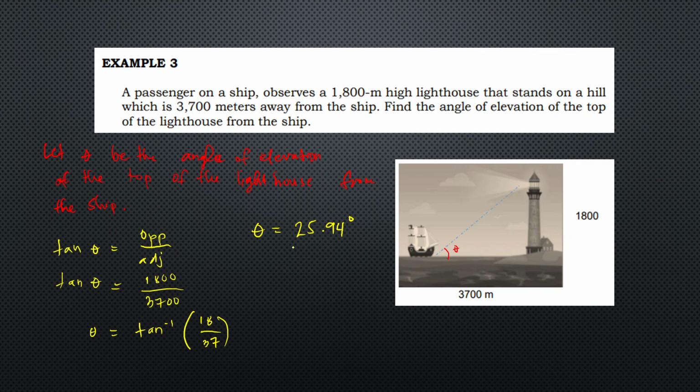So sir, we're talking about angles. Aren't we supposed to put this in a whole number? Well, since this is a problem solving, putting it realistically, we cannot just simply put it into a whole number. So in problem solving, we are obliged to follow at least two decimal points.